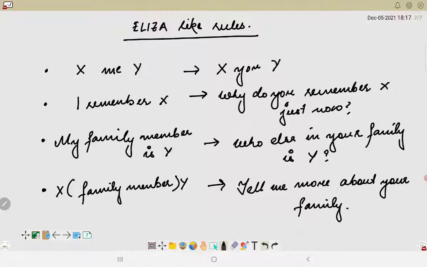So X, me, Y might be the current situation, and the precondition may be X, you, Y.